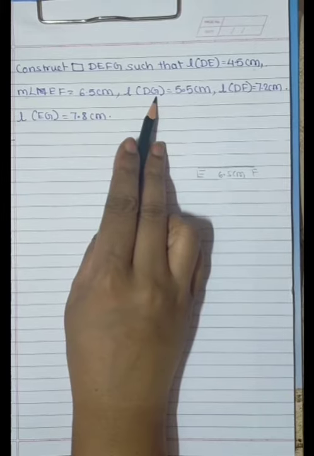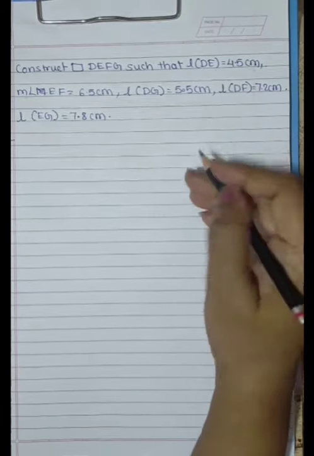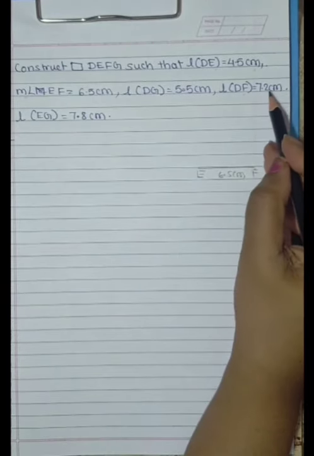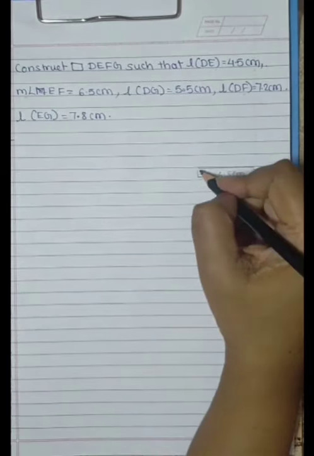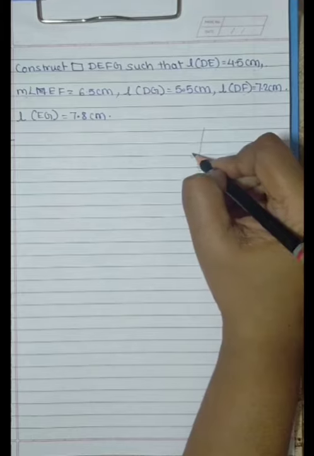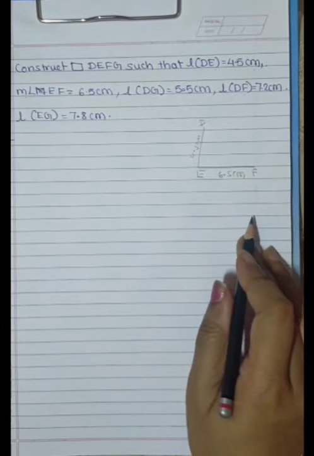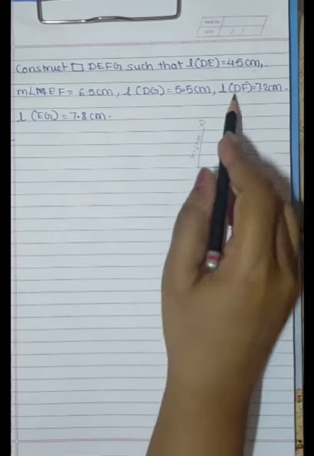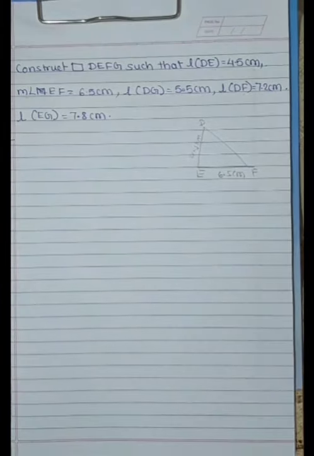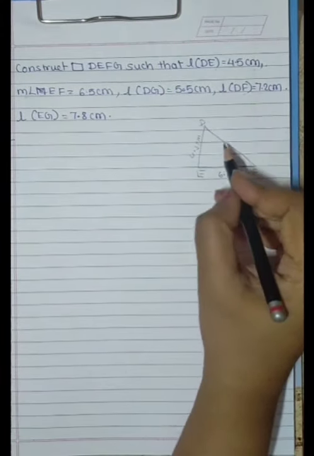Length of DE is equal to 4.5 centimeter, and DF is equal to 7.2 centimeter. Now here we'll take one side that is 4.5 centimeter. This is our D and here DF is 7.2 centimeter.